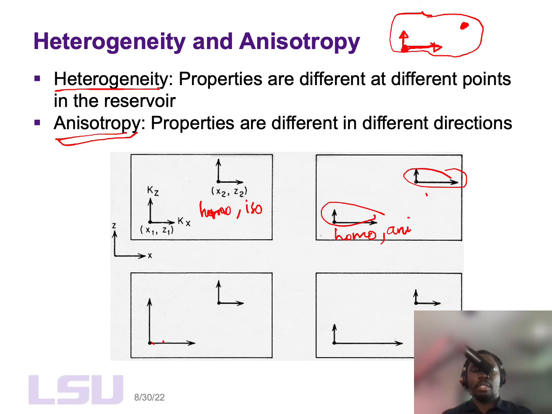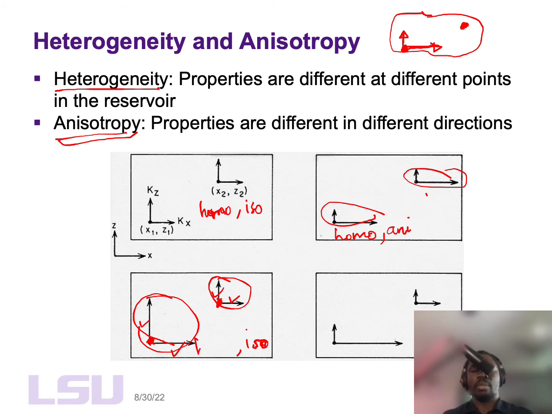And then we come here. The length of this is approximately the same length as this. The length of this is approximately the same length as this, so it is isotropic, right? The magnitudes are pretty much the same in the two directions. Kx equals ky equals kz. But the length of these two arrows is much longer than these, right? So the property is changing at different points in the reservoir.